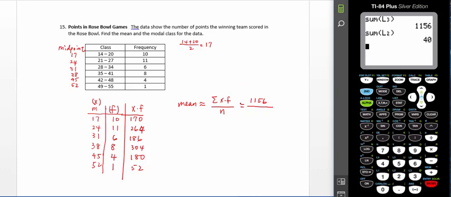That's 40. So take the total number of points scored divided by the number of teams, 40. That will give us the mean, 28.9.